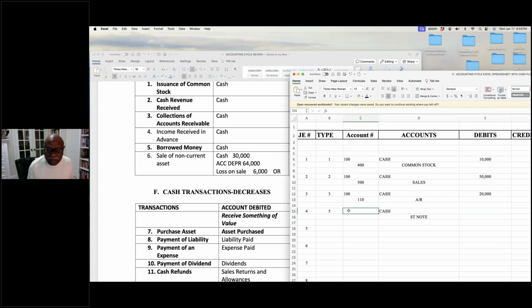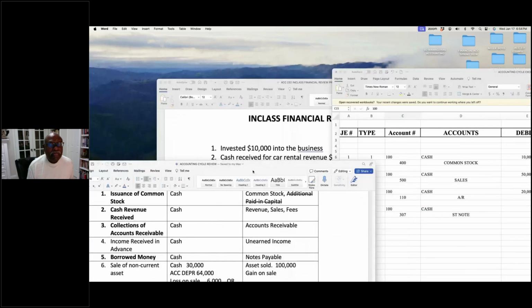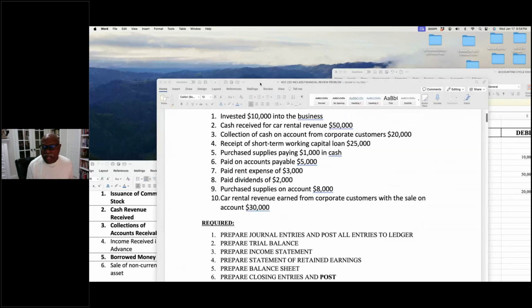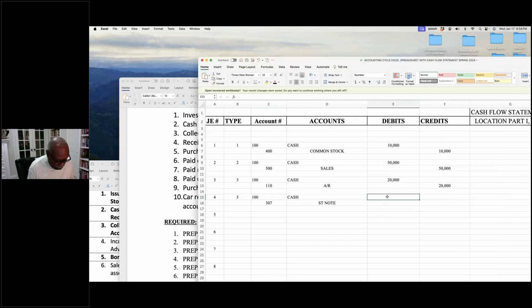Cash will be in 100 and we'll just use 307 for the short-term note. And we borrowed what? 25,000. And so, I think you see why I'm concentrating on the journal entries. You really can't go any further until you get the journal entries down.